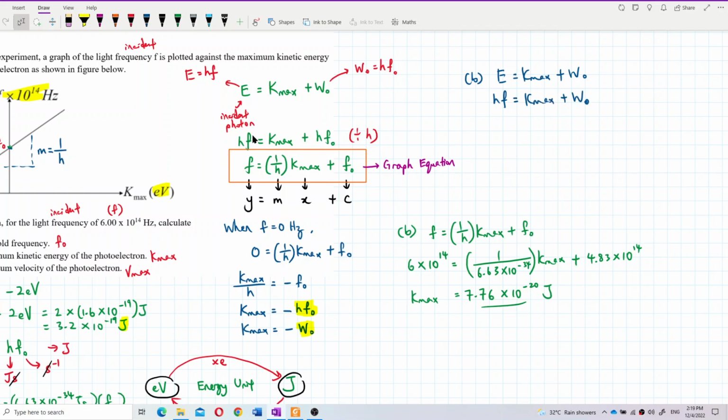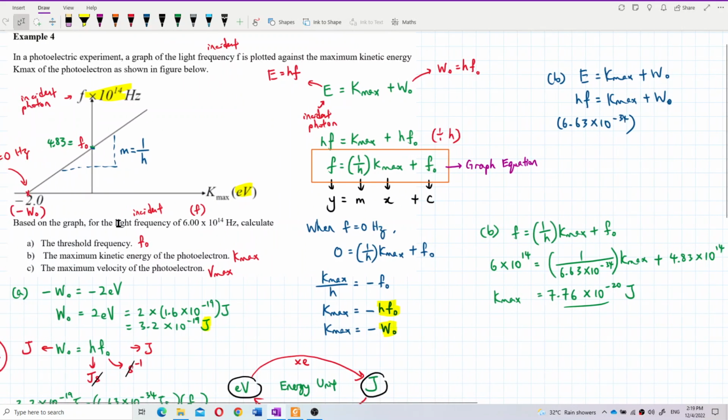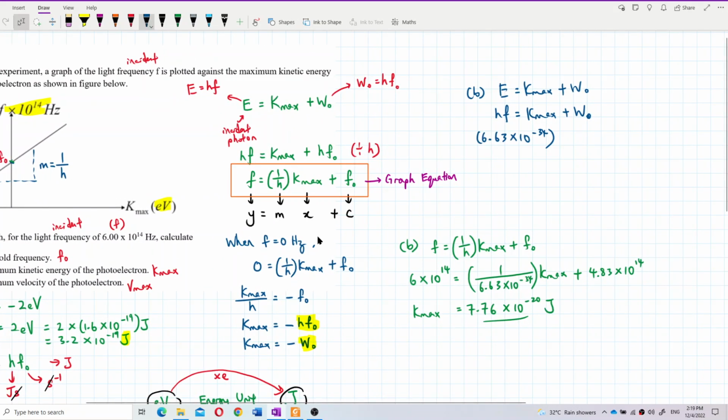And then h is 6.63 exponent negative 34. The frequency of the incident photon is 6 exponent 14. And then equal to Kmax plus work function. What's the work function?